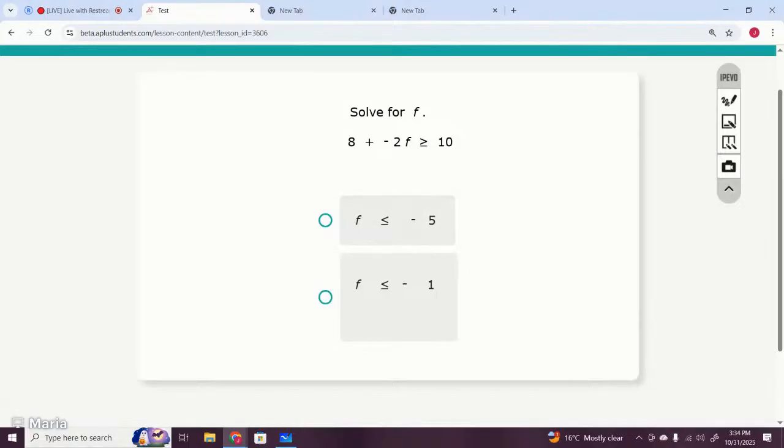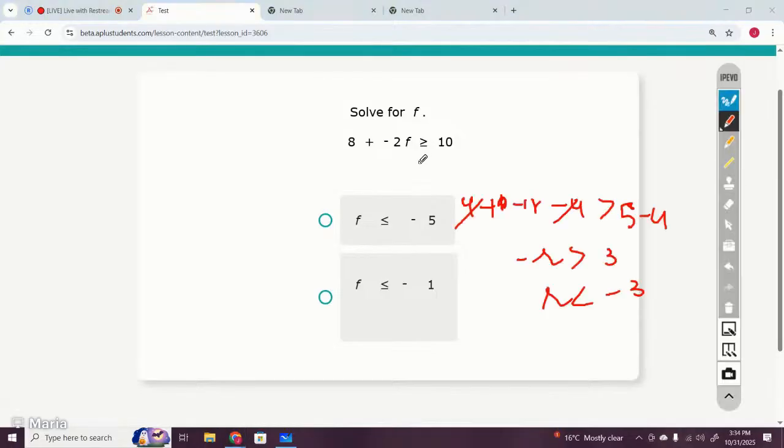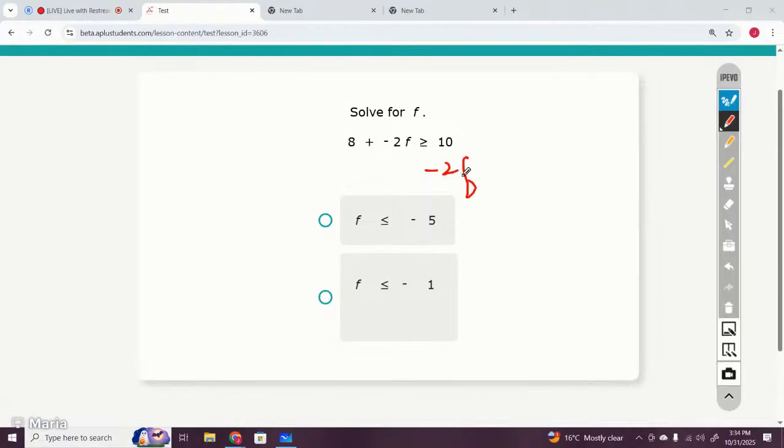8 plus negative 2f is greater than or equal to 10. Subtract 8 from both sides. So 10 minus 8 is 2. Negative f is greater than or equal to 1.